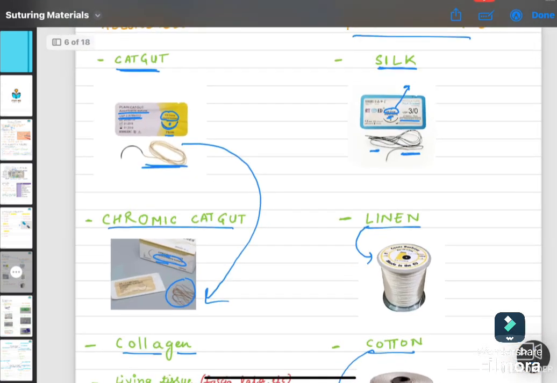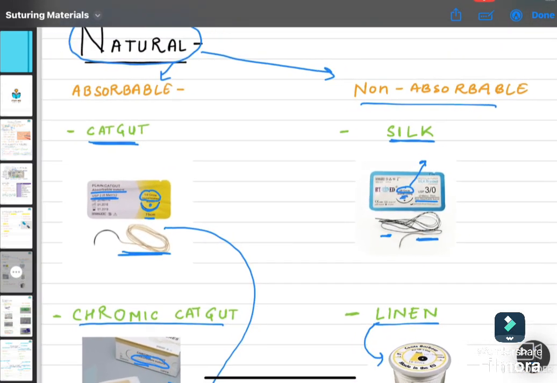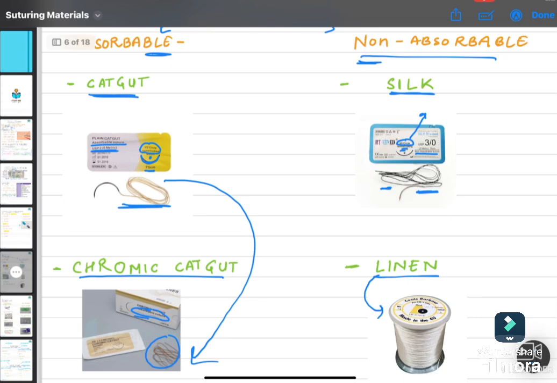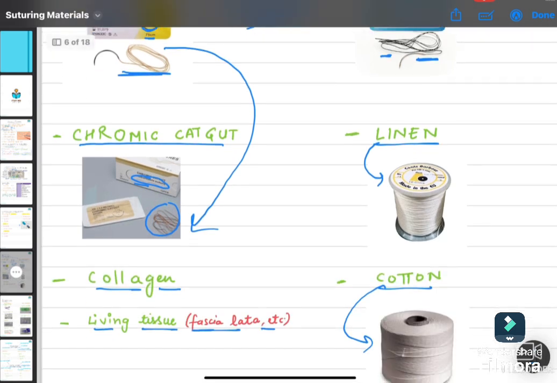So in this, we have to study and memorize the names of the absorbable and non-absorbable natural sutures. You can see there are triple C in absorbable natural sutures: catgut, chromic catgut, and collagen.